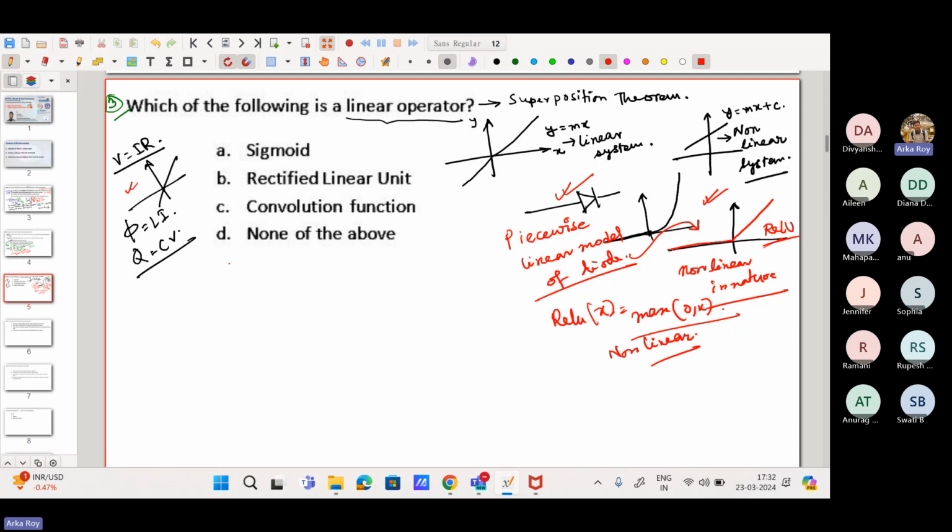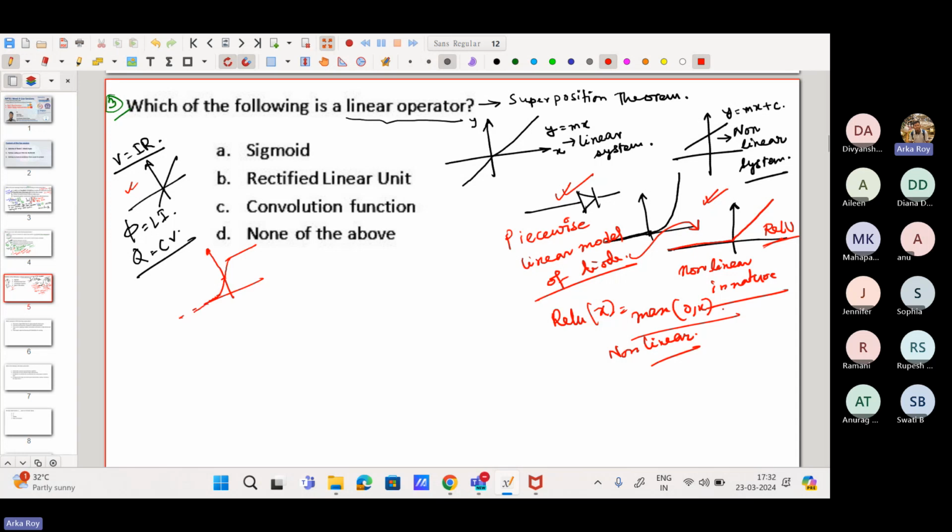Same as the sigmoid operation. Sigmoid looks like this: it starts at 0 and then rises.